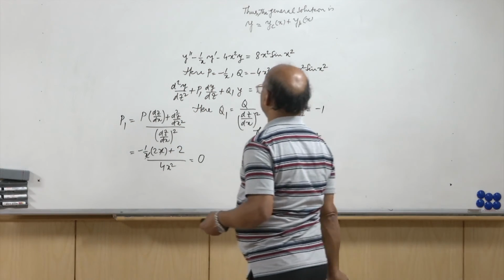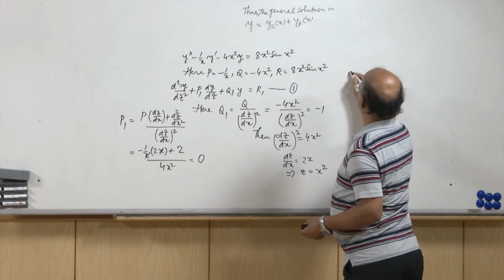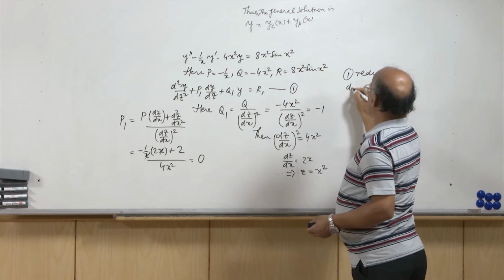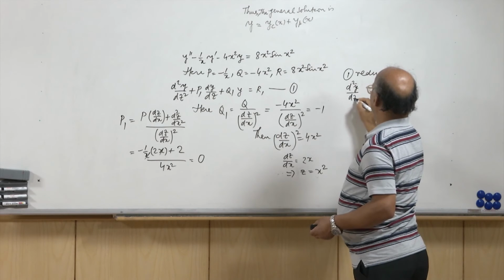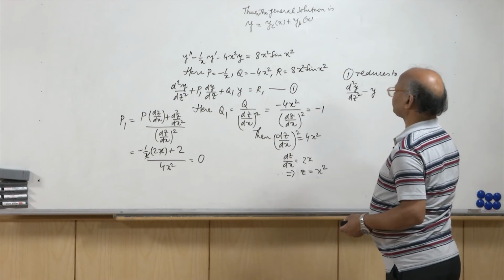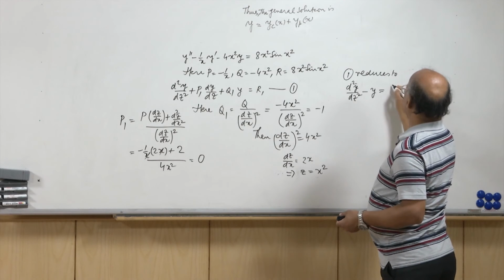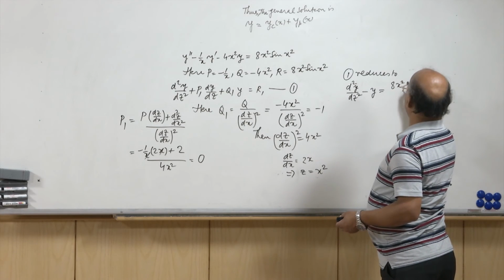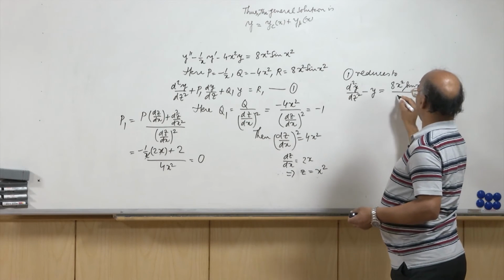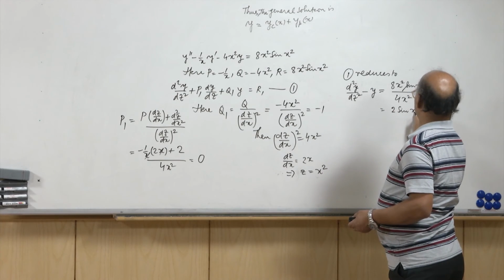So, we get P1 equal to 0, and thus the equation 1 reduces to d square y by dz square, P1 is 0, Q1 is minus 1. So, minus y equal to R1. R1 is R over dz by dx whole square. So, 8x square sin x square divided by dz by dx whole square, which is 4x square. So, we shall have 2 sin x square.